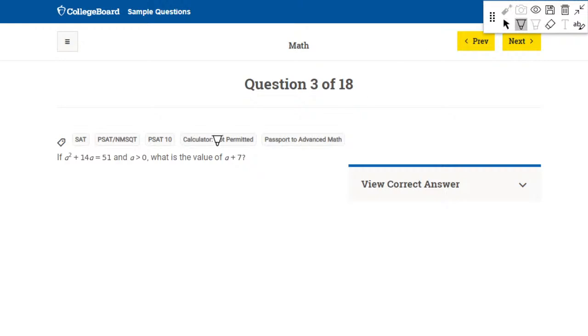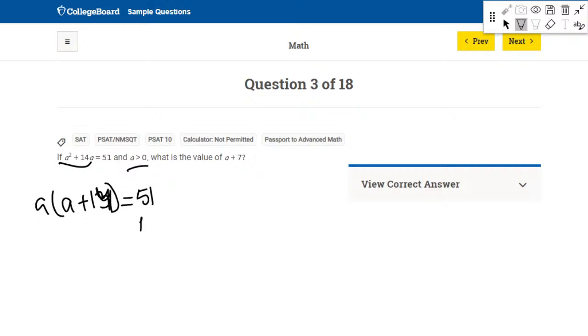Okay, let's continue with this third question. If this is given and a is more than 0, what is the value of a plus 7? So actually there are several ways to solve this problem. What I would do first, I would rewrite this as a multiplied by a plus 14 equals 51. And I see that 51 is such a number that doesn't have really a lot of multiples.